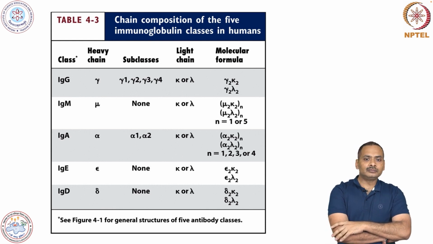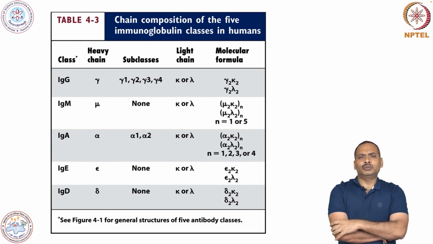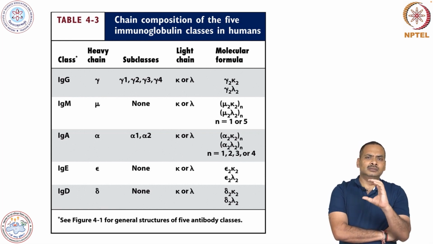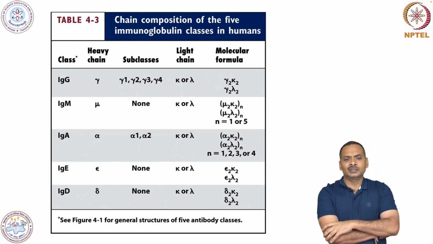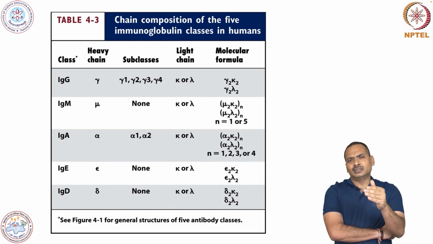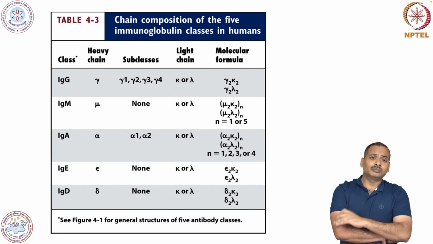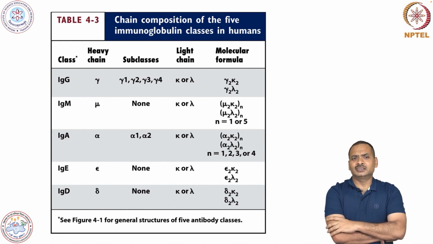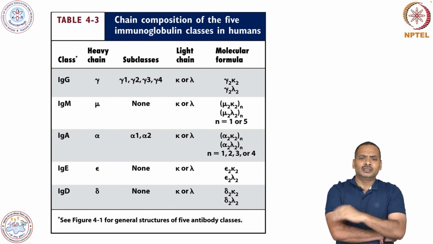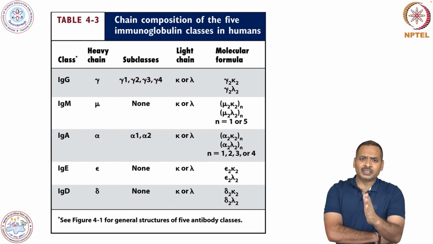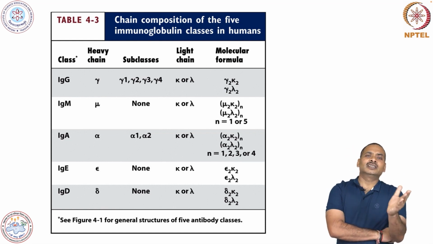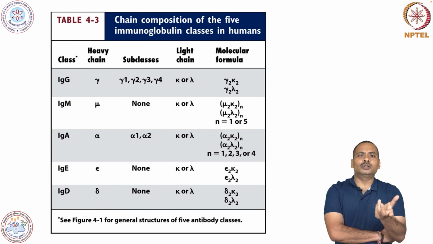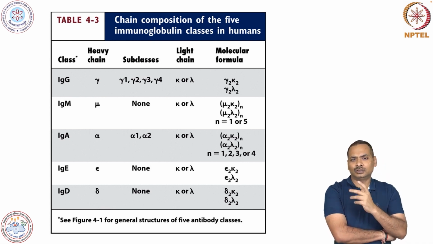The rest of the antibodies do not make a multimeric form. This information is very important for understanding the antibody molecule. If you look at this formula, you can understand how many subtypes there are, and whether it is present in monomeric or multimeric form, all those things.